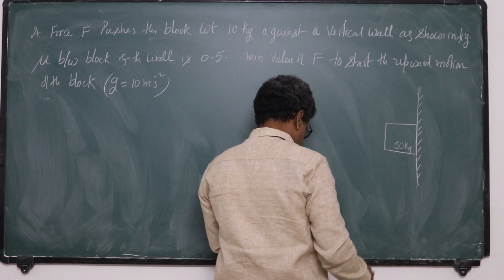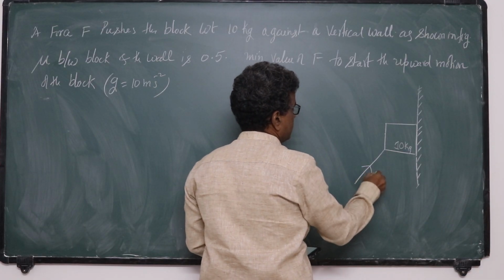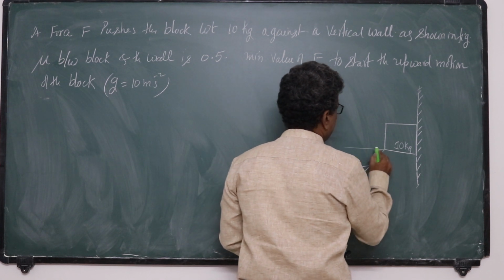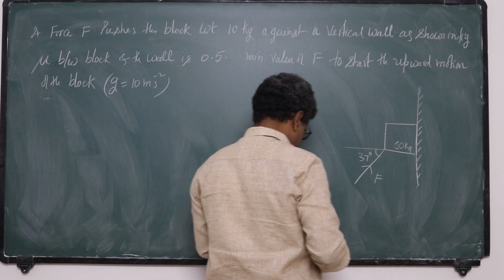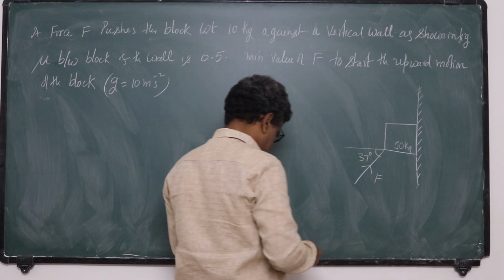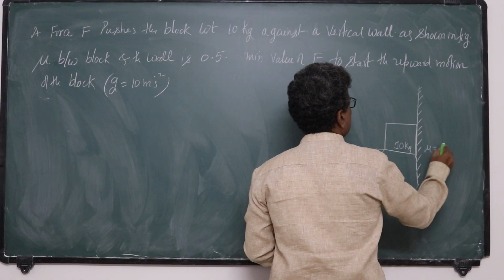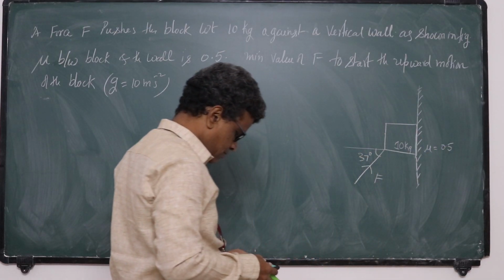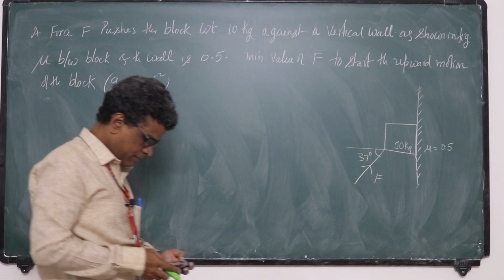Force is applied like this, force F at an angle 37 degrees. So this angle is 37 degrees. Coefficient of friction mu is 0.5. So we want a minimum value of F so that the block starts up.